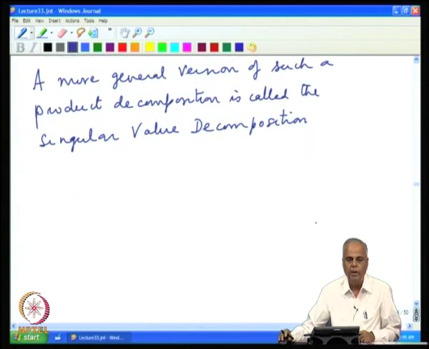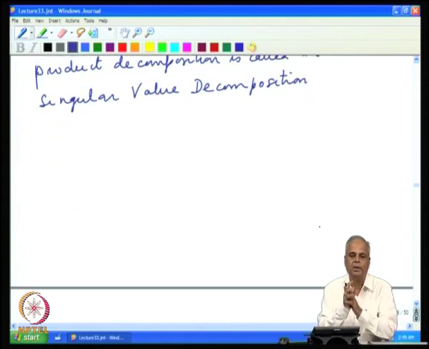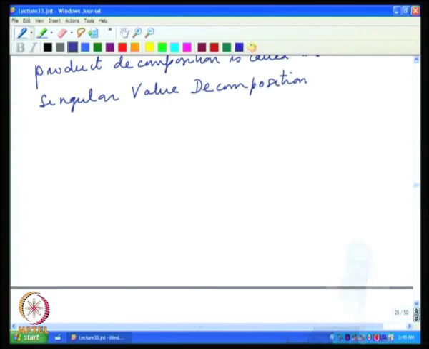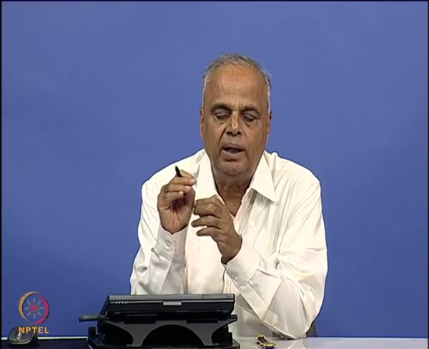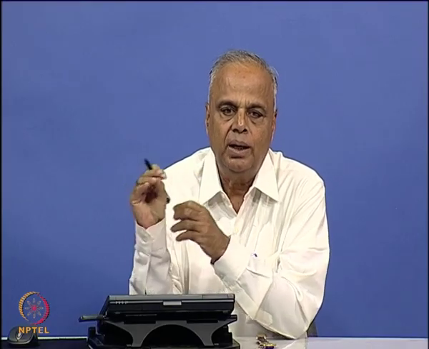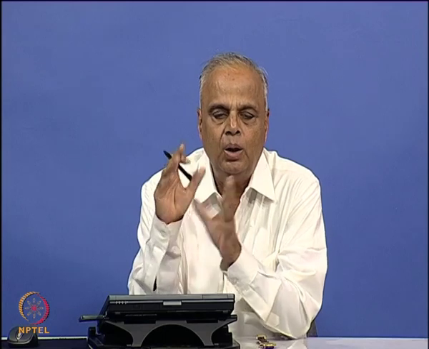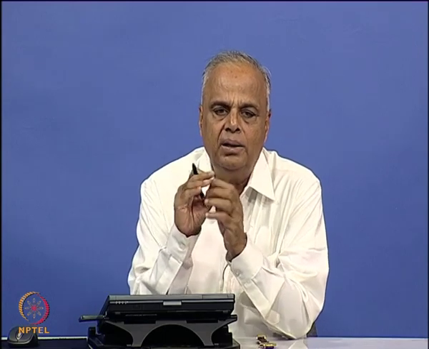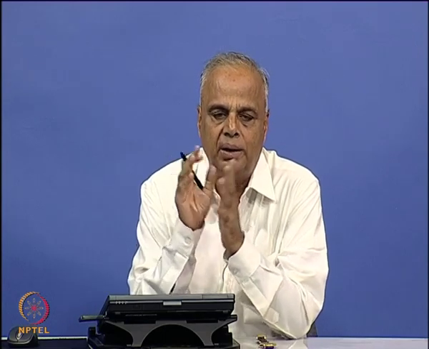So, thus we have a nice decomposition of a matrix A into simple matrices: unitary, diagonal, unitary. The diagonal entries are eigenvalues. Since A is Hermitian, all the eigenvalues are real. So, the diagonal part is a nice simple real diagonal matrix, and the other two are unitary. Anytime we can invert them by just flipping and conjugating them. So, that is the simple decomposition.